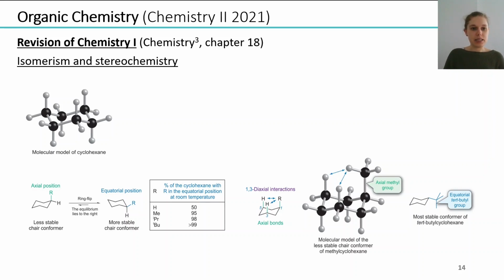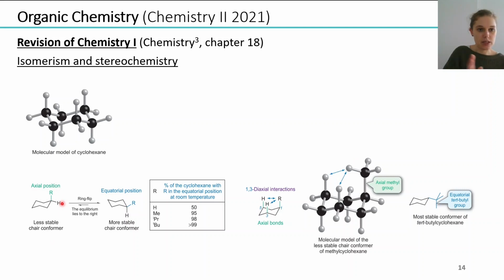And here we can differentiate between 2 different types of hydrogen positions. The first position is called axial position, and the second equatorial position. And for cyclohexane, we have 3 hydrogen atoms above the ring, 3 hydrogens below the ring, which are all in the so-called axial position. And here you can see the example.